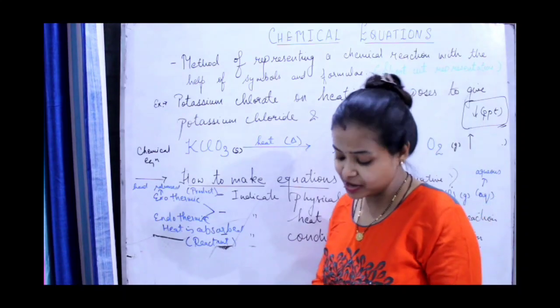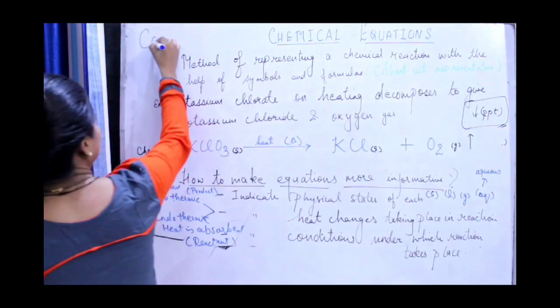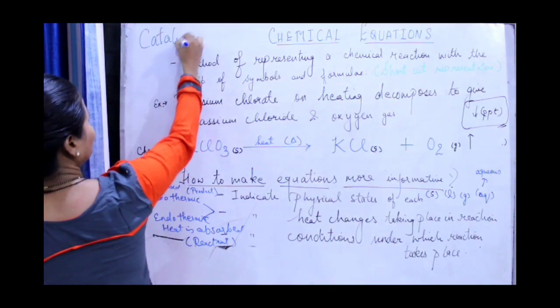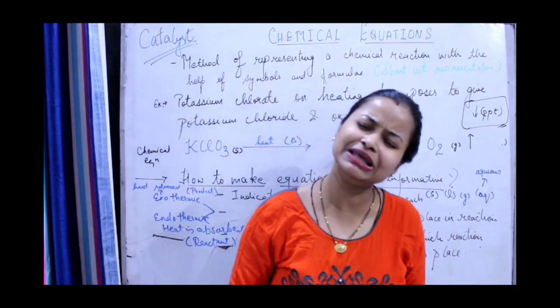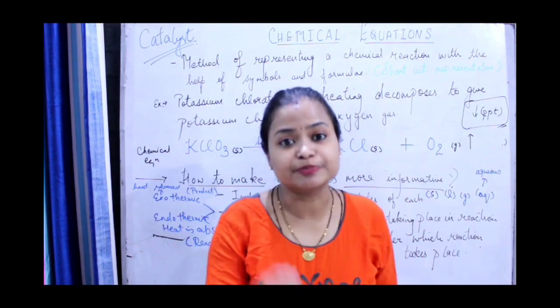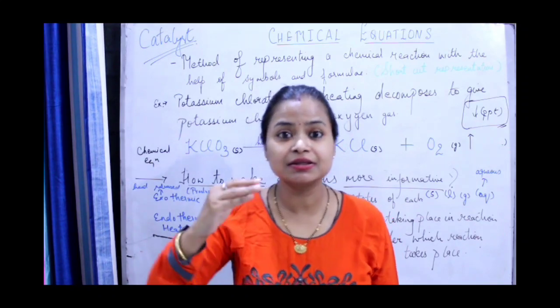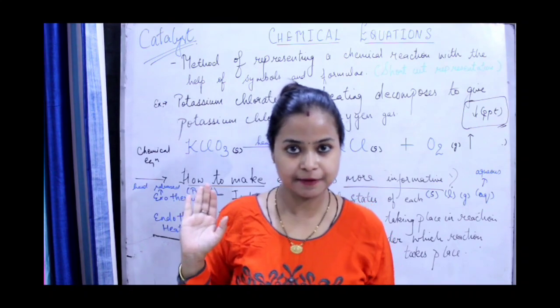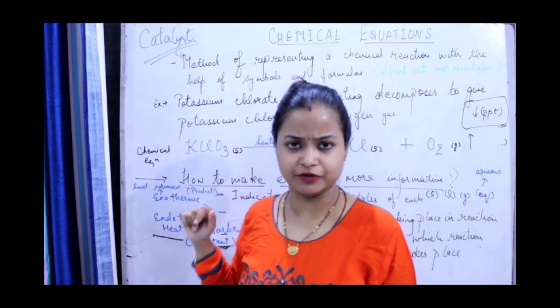Second condition, a very important thing, I am writing here catalyst. Okay, this is a new word I know for you, catalyst. First of all, briefly you understand what is a catalyst. A catalyst is a substance which will help to increase the rate of reaction. I'll give you one example. Let's take the same example.